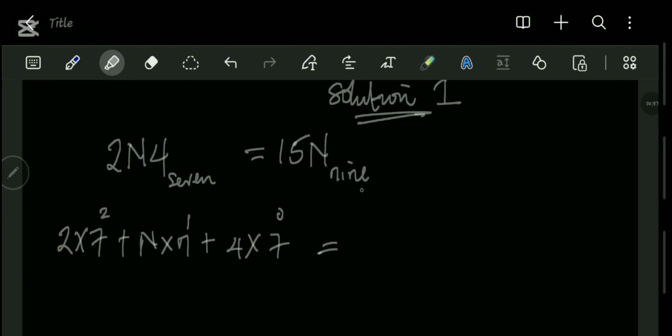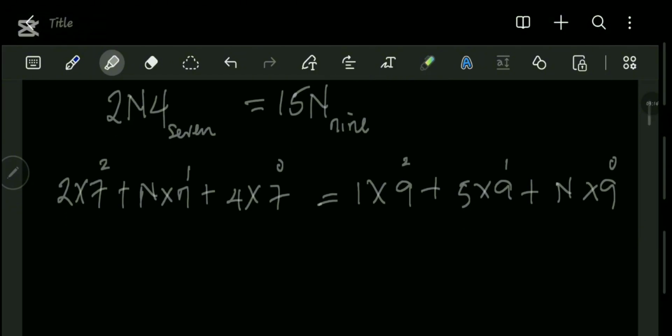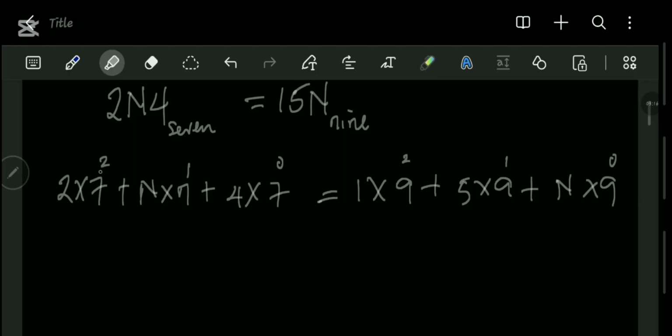Multiply each of the digits by the base written below it. So I'm having 1 times 9 plus 5 times 9 plus n times 9. On top of the base, I'm putting powers of 0, 1 and 2. If you work with the exponent first, this side, 7 to the power 2 is 7 times 7, that's 49.